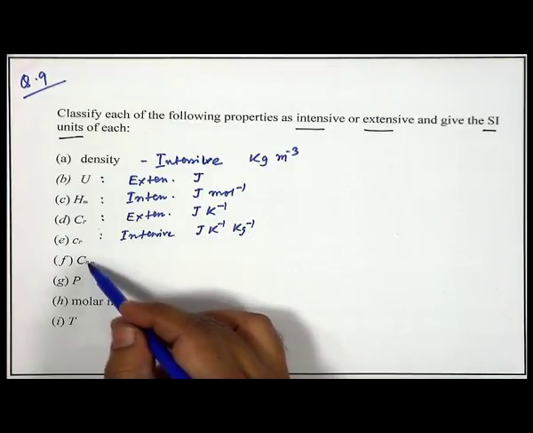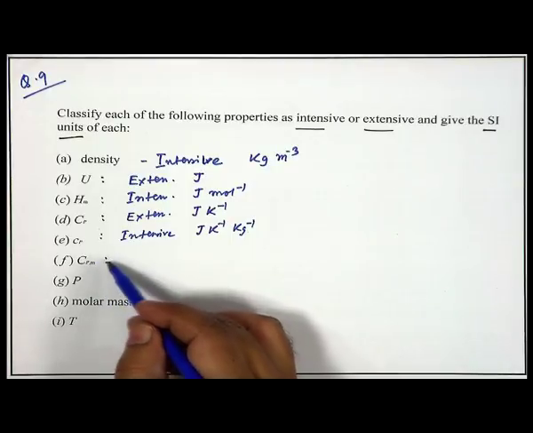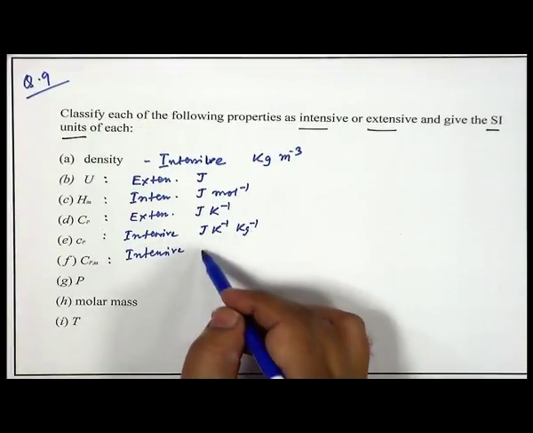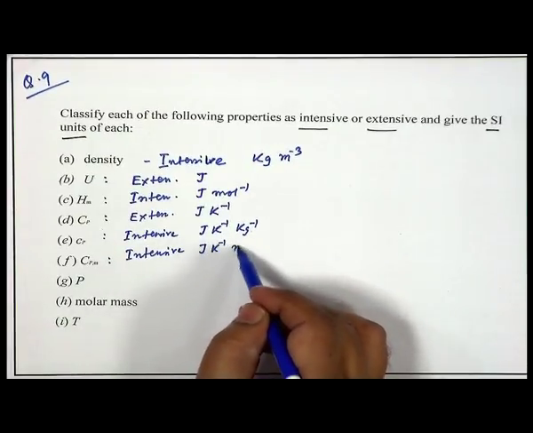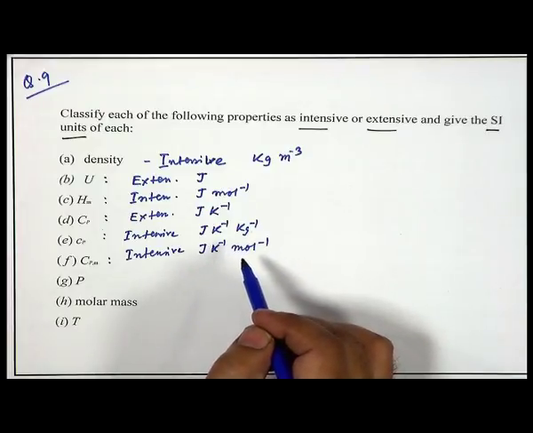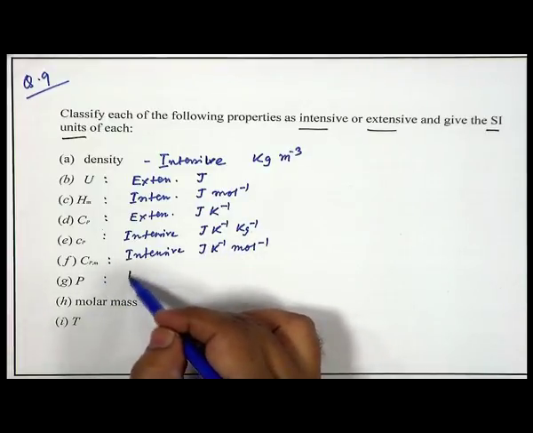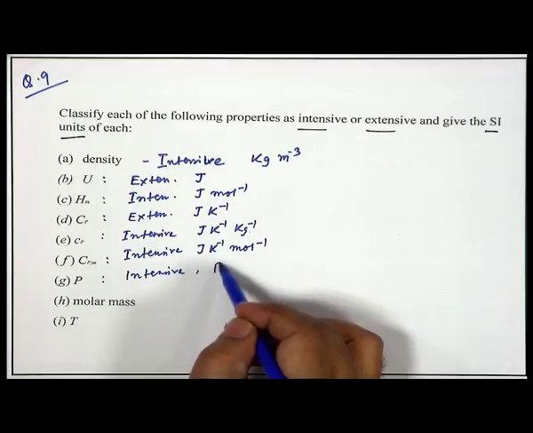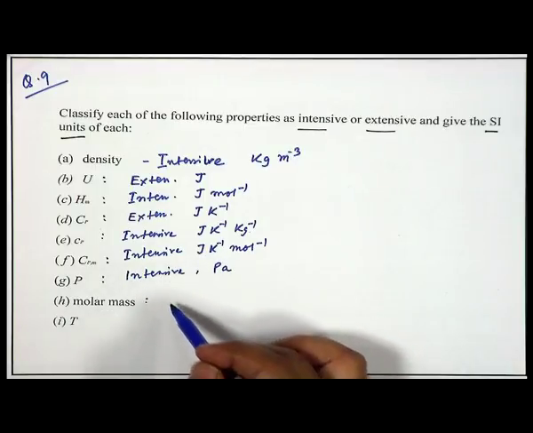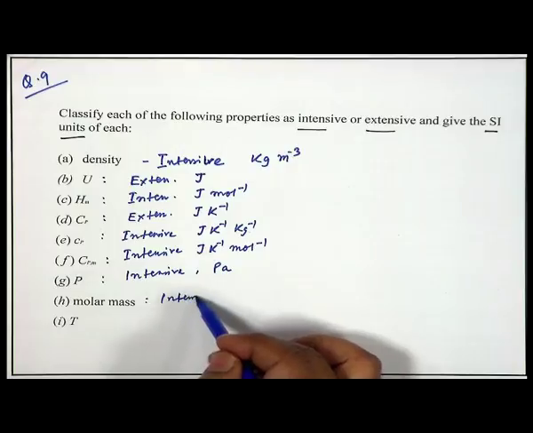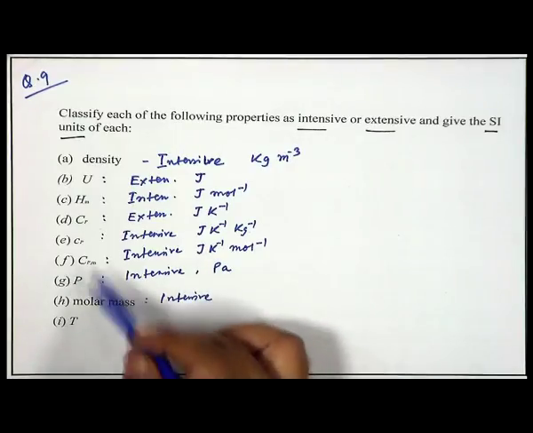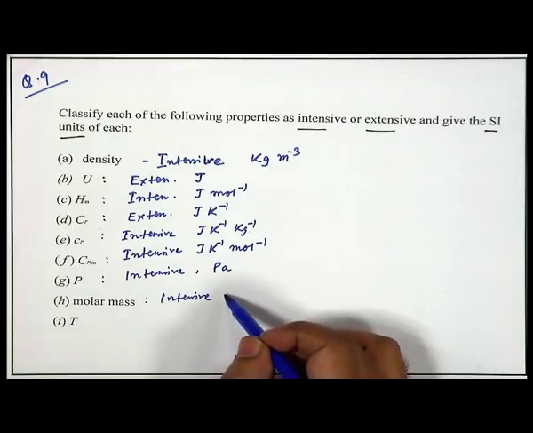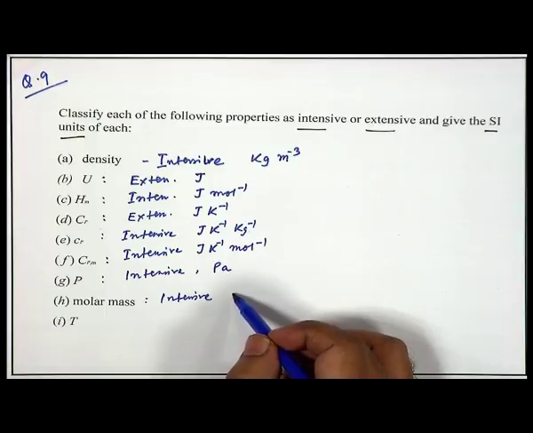Cp,m is a molar heat capacity at constant pressure. So, it should be intensive again. So, again J K inverse mole inverse. Pressure, you know, is an intensive quantity, and the SI unit is Pascal. Molar mass is again intensive. So, most of the molar quantities or specific per gram quantities are intensive quantities.